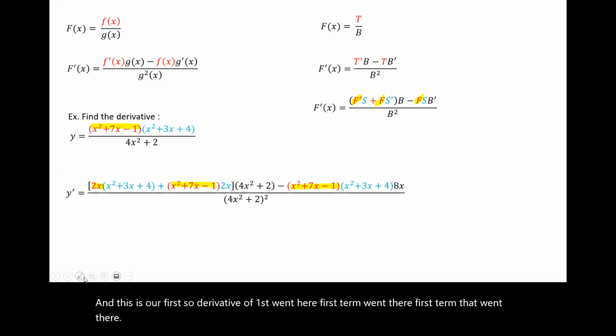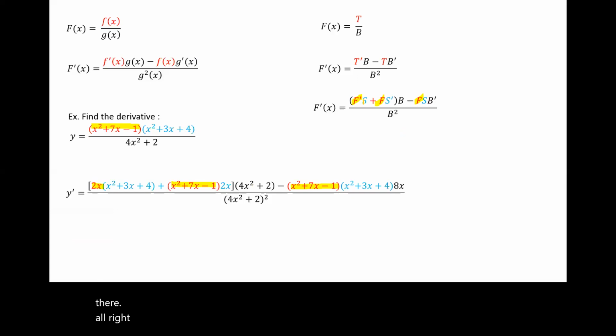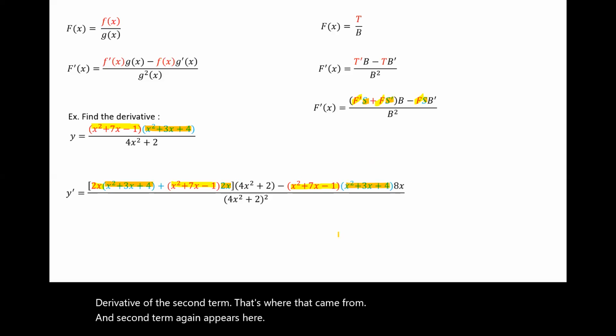All right. Second term is this one. So it appears here. Derivative of the second term, that's where that came from. And second term again appears here. Okay, what's the rest of it?